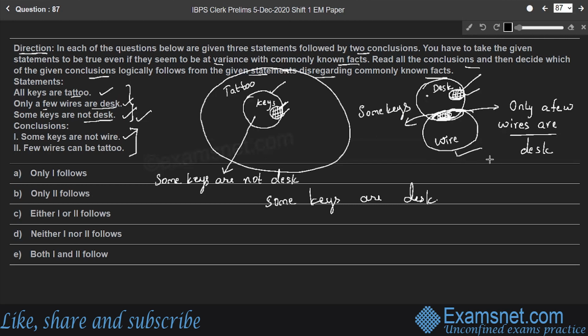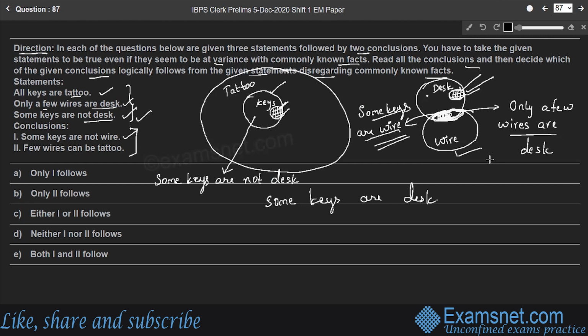So we can say some keys are wire. I'll repeat once again. If the portion of the set of keys which is included in the set of desk is here in the intersection portion of desk and wire, then this shaded part represents some keys are wire.